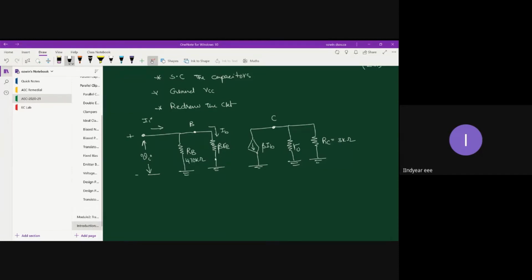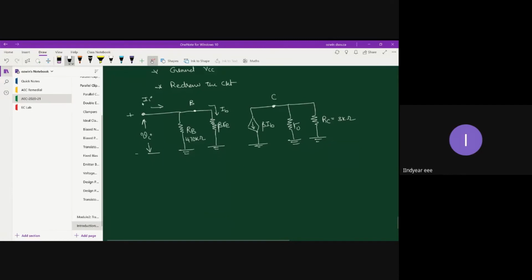So this is my re model. For better clarity, let me place the re model element inside this box.